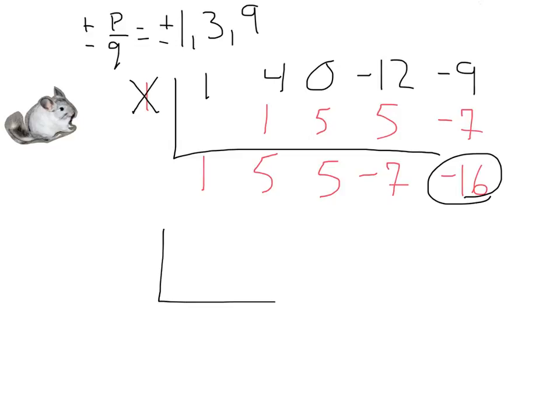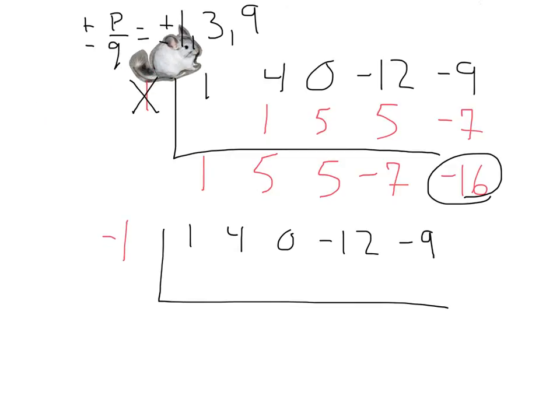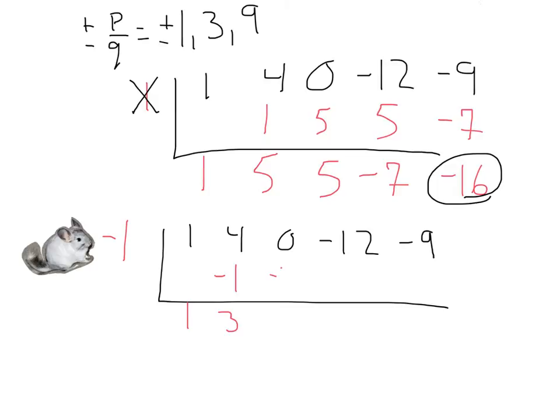I'm going to set up another synthetic division problem: 1, 4, 0, -12, -9, the same exact numbers we had before. And let's try -1. Since +1 didn't work, let's try our next number, which is -1. If I do synthetic division here, that'll give me 1, -1, 3, -3, -3 here. -3 times -1 is +3. -12 plus 3 is going to be -9.